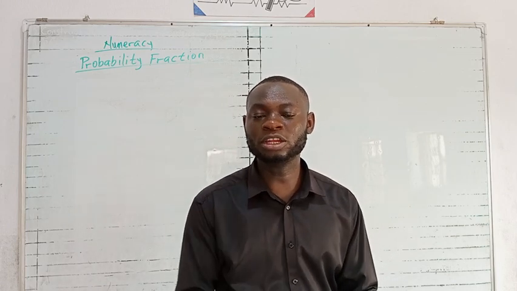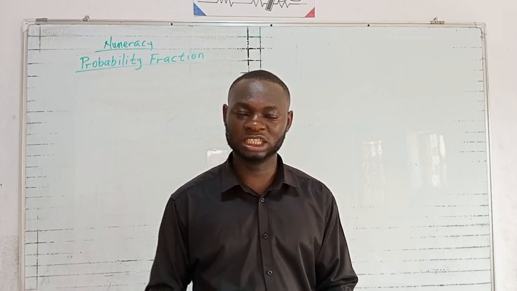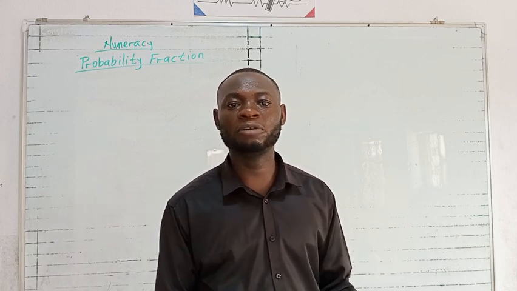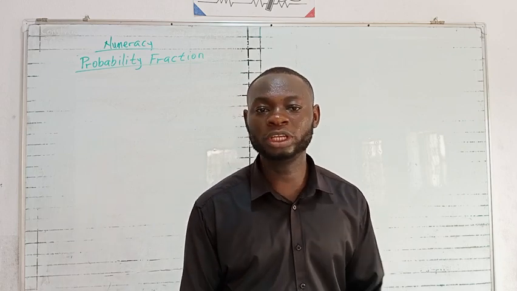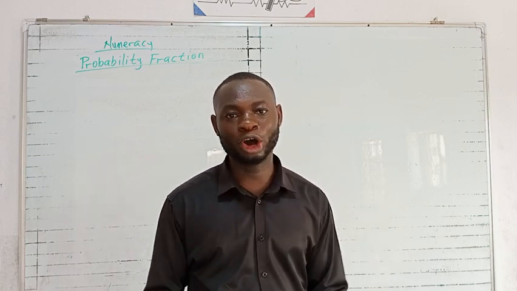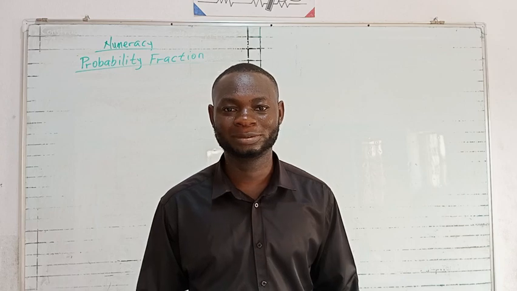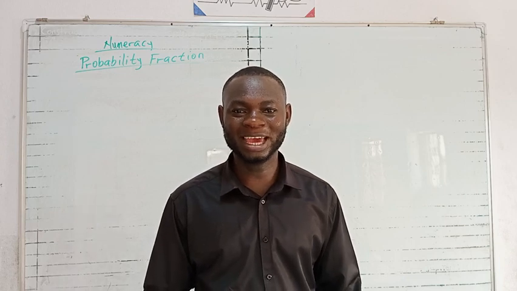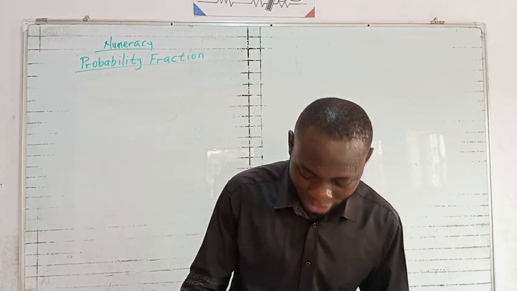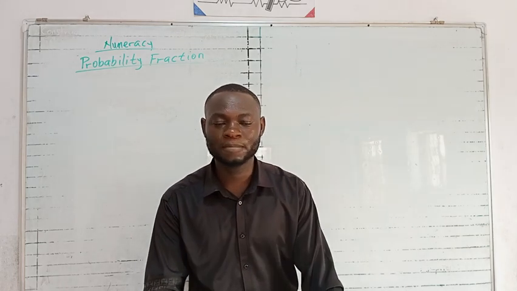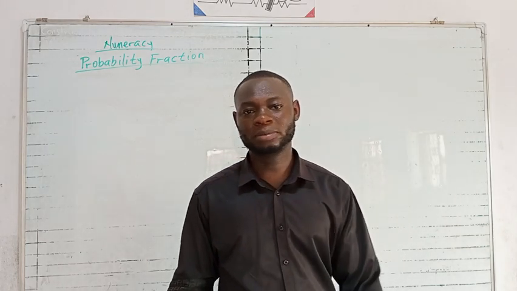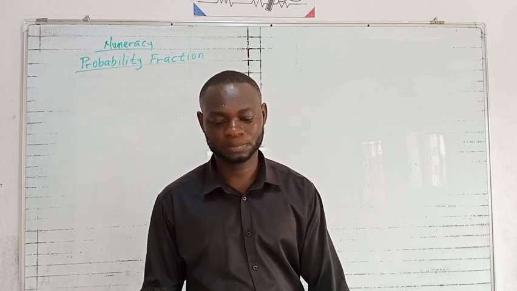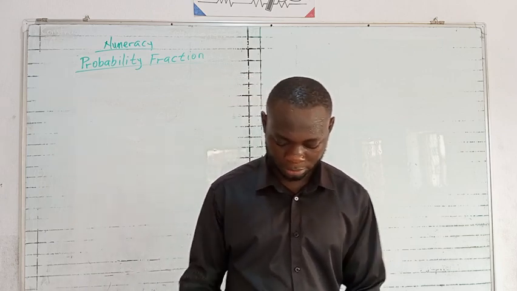Depending on the number of objects in the box and the number of objects we may choose, we determine the fraction of the objects we may choose. So let's look at the following examples to understand better what we are talking about with probability fractions. All right?